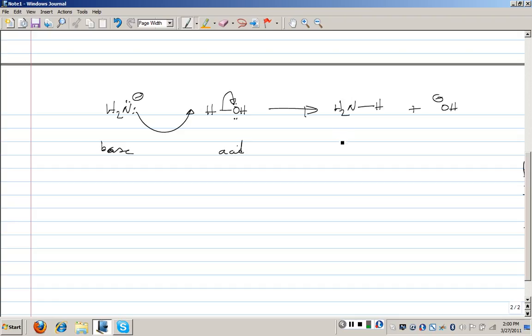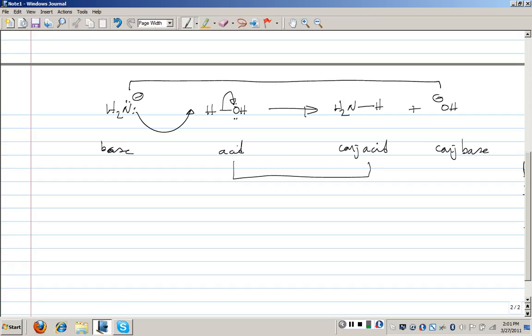This would be the conjugate acid. This would be the conjugate base. Does the reaction go? Well, it depends. Is water a stronger or weaker acid than ammonia? Or is the amide ion a stronger or weaker base than hydroxide?